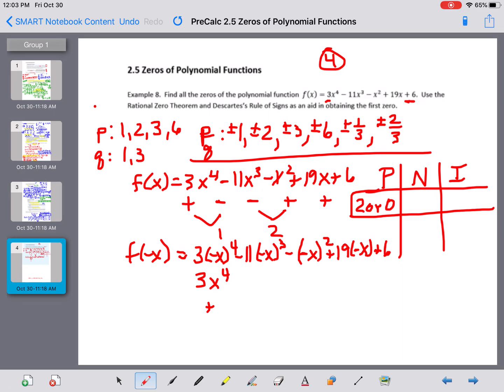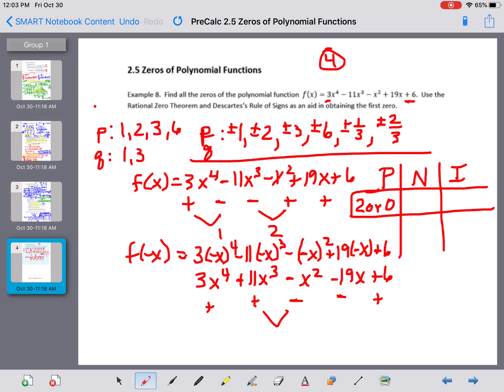Negative x cubed goes negative, times the negative 11 out front makes it positive 11x to the 3rd. Negative x squared is just positive, so the negative out front stays, and that's a negative. 19 times negative x is negative 19x, so that one's negative, and plus 6 never changes, that's positive.